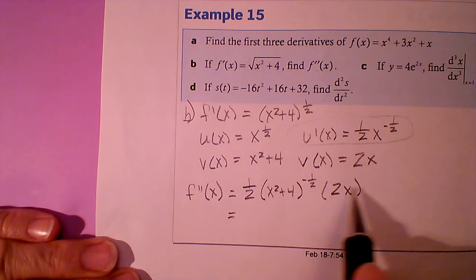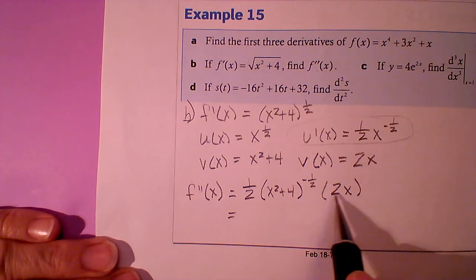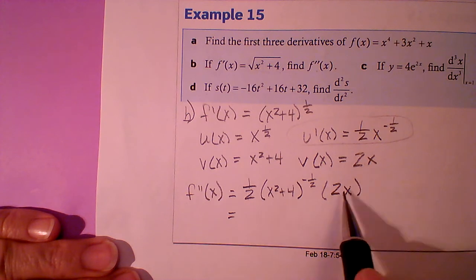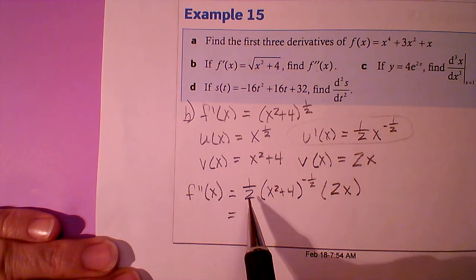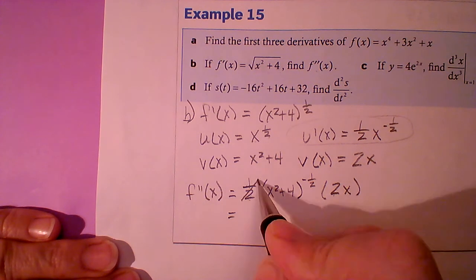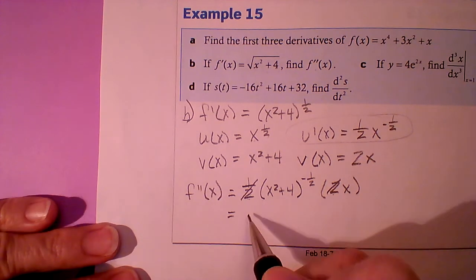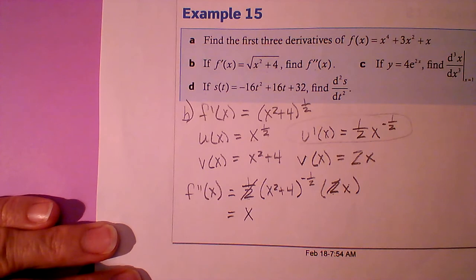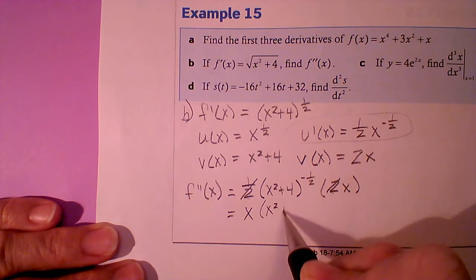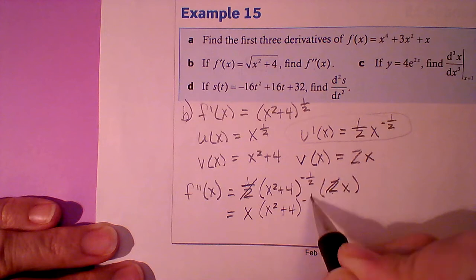1/2, these are all being multiplied, girls, and this is where some of your simplification gets confused. Every single thing is being multiplied by the next, which means I multiply numbers to numbers. So 1/2 times 2 equals 1. So I'm left with x, remember, variables come first, then all the goofy looking stuff, x squared plus 4 raised to the negative 1/2.